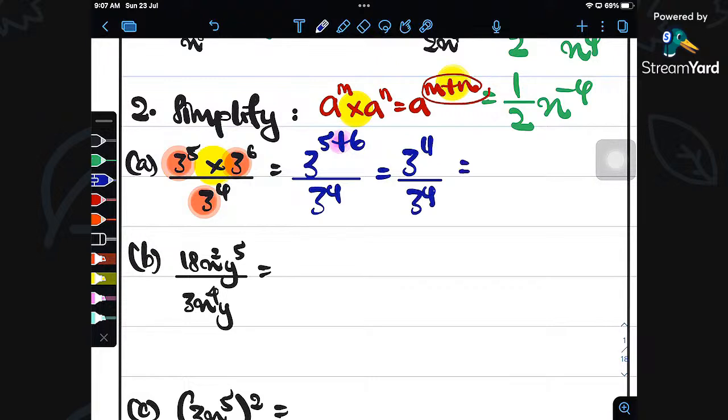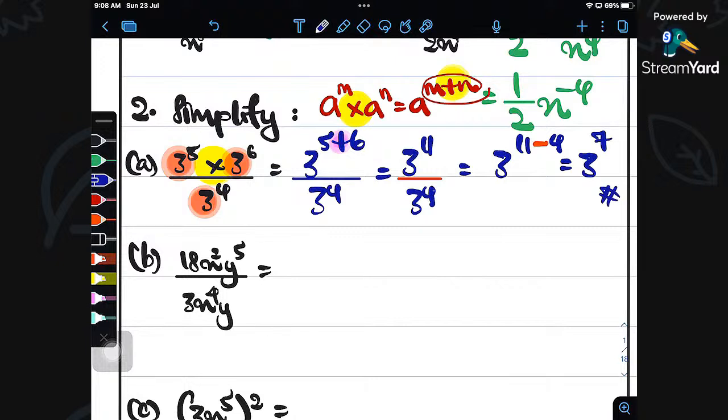The thing is, kita tak habis lagi dapat bentuk jawapan akhir, iaitu kita mesti faham lagi satu konsep di mana apabila kita jumpa bahagi pula, when we see a division, we must minus instead. Okay, we minus with the 4. Therefore, the answer is 3 to the power of 7. Is it clear?